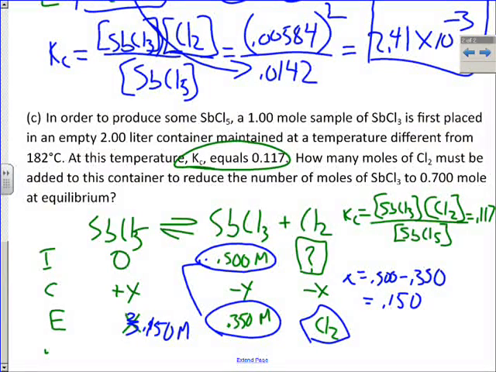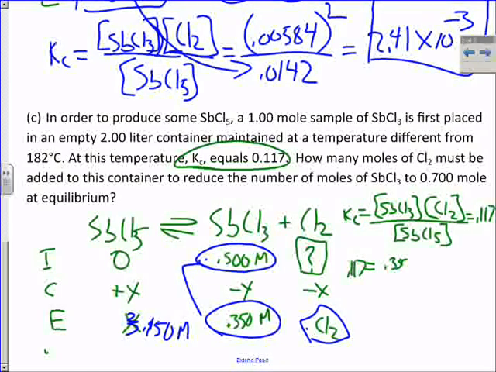Now, I still don't know what Cl2 is because I don't know what I started with here. But if you take a look, we don't know what this value is, but I now have the amount of SbCl5. So let me clear this out of the way here. So we know that 0.117 is going to equal our SbCl3, which is 0.350 molar, times our Cl2, which is really what we're trying to find here, over SbCl5, which we just figured out was 0.150 molar.